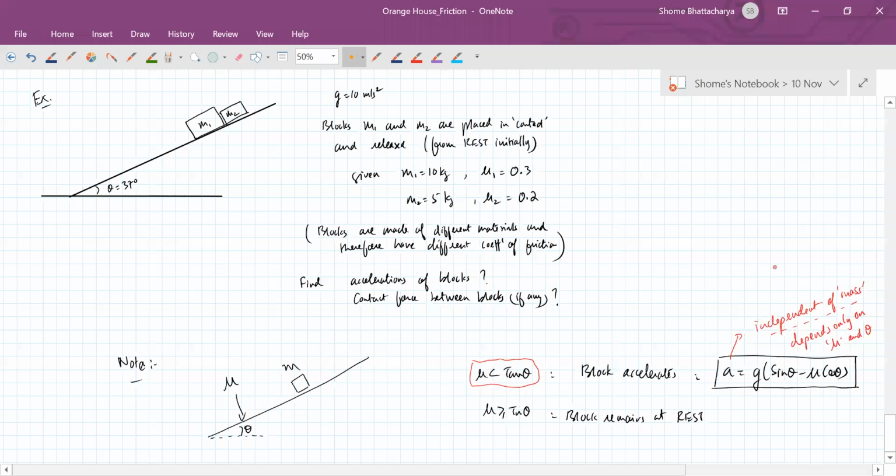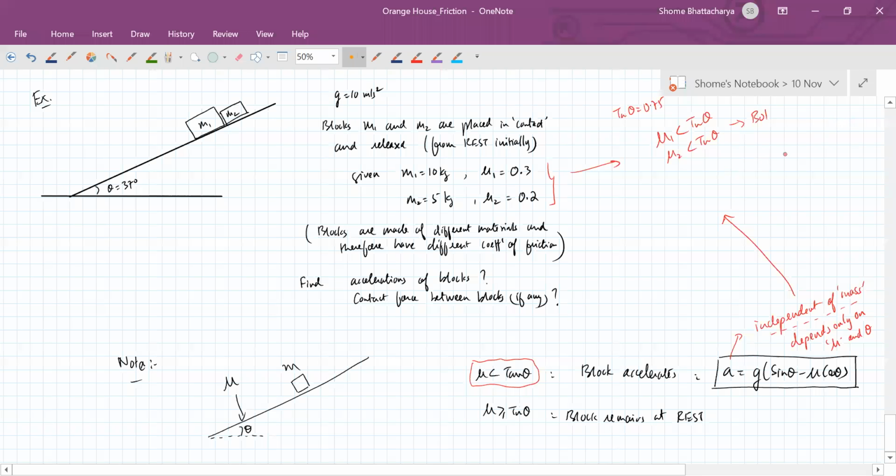So with this thing we understand that when we release the block, here what is happening, mu1 is also less than tan theta, mu2 is also less than tan theta because tan theta here is 0.75, tan 37, 3 by 4. So both have a tendency to accelerate. Okay. That is the first thing.